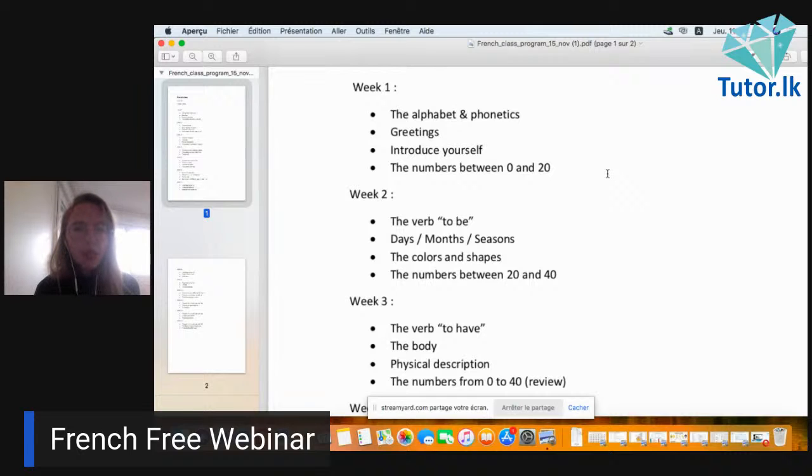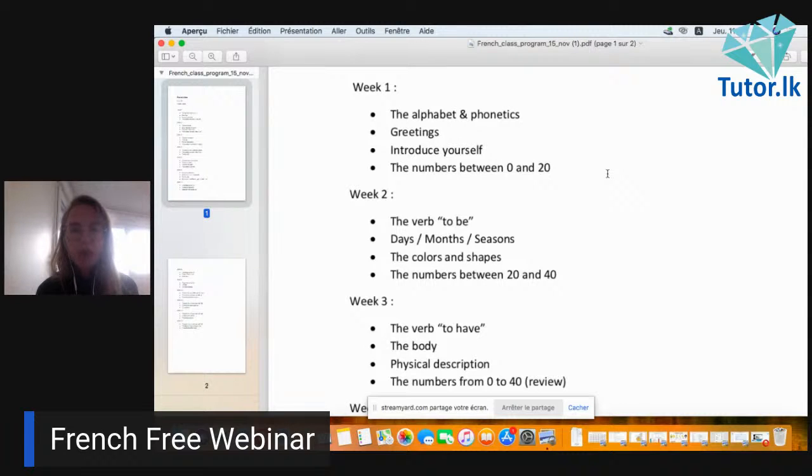Then the second week, we'll see how to use the verb to be, and then we'll discover the vocabulary of the days, the months, the seasons, and everything.